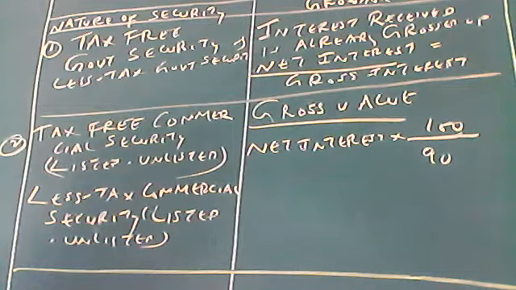The assumption is you have to take it as a less tax security. If it is a government security, less tax government security. If it is not a government, less tax commercial security.